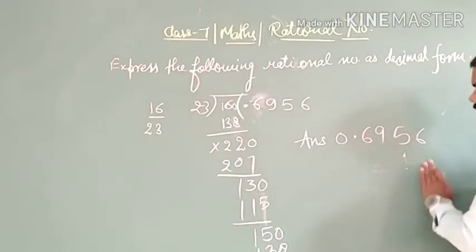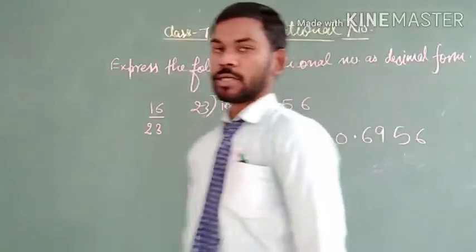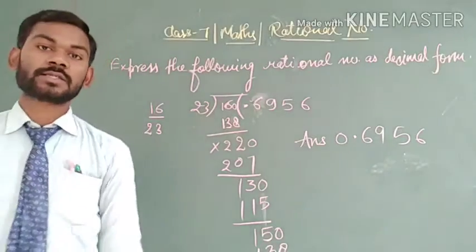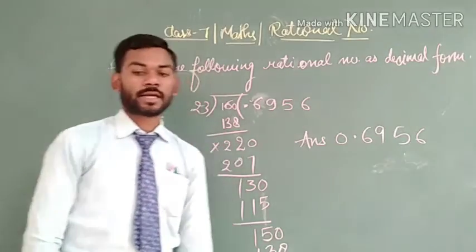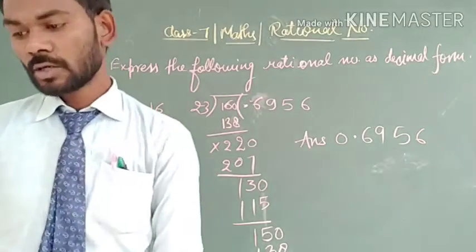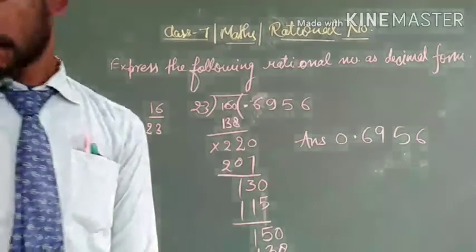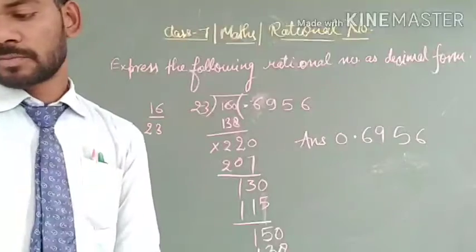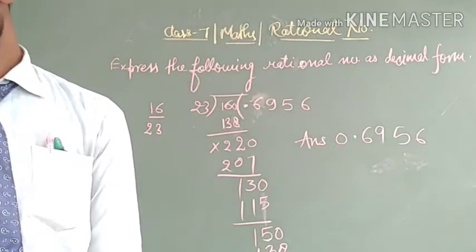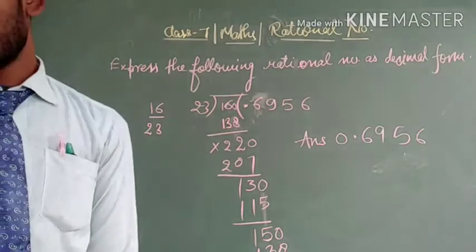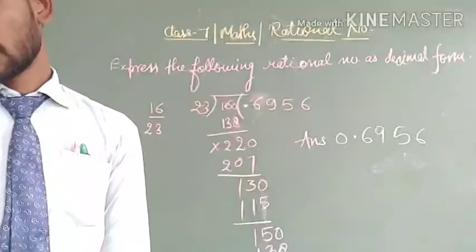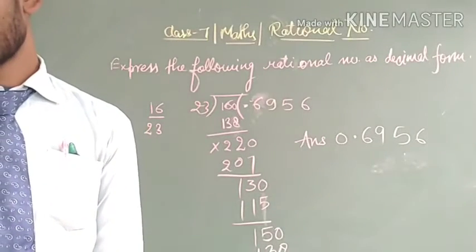This is our required result. Therefore, 0.695 is the right answer. Okay student, so you will divide just as you have generally done. So I think I needed to solve more questions on these numbers.